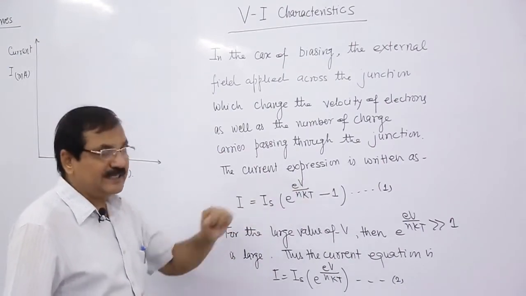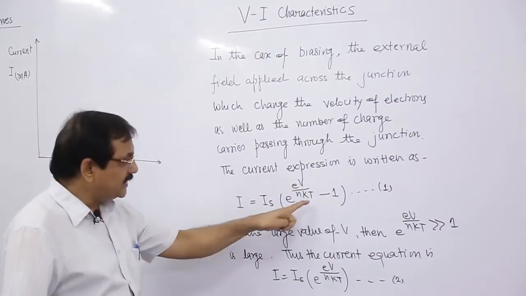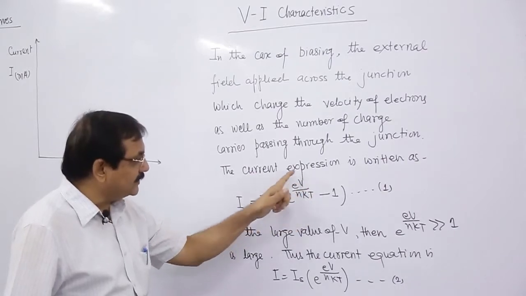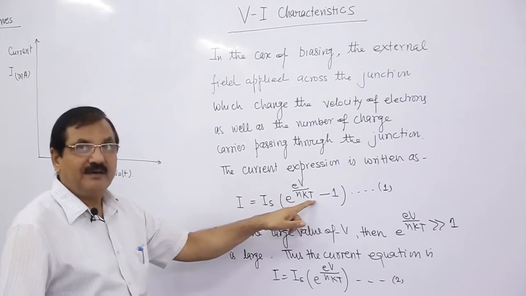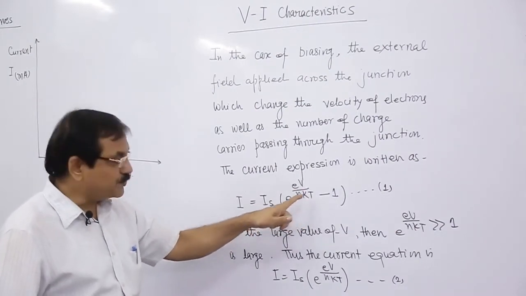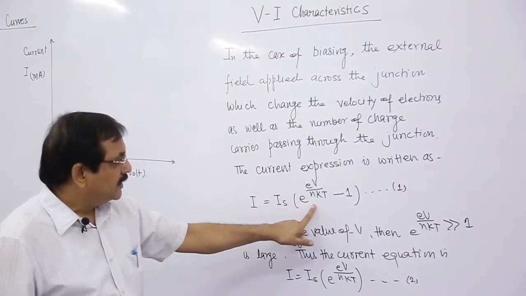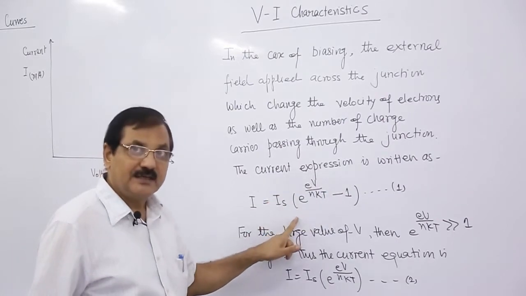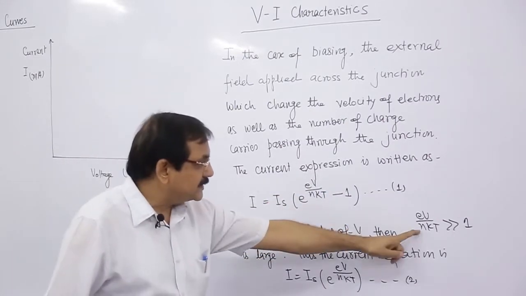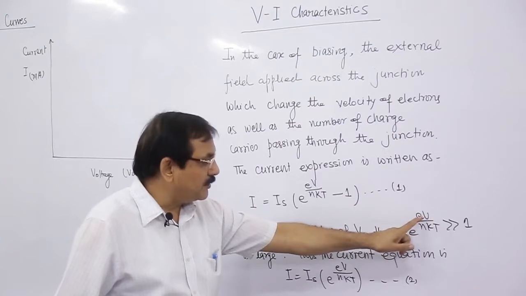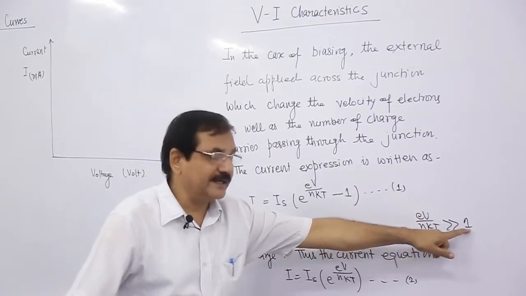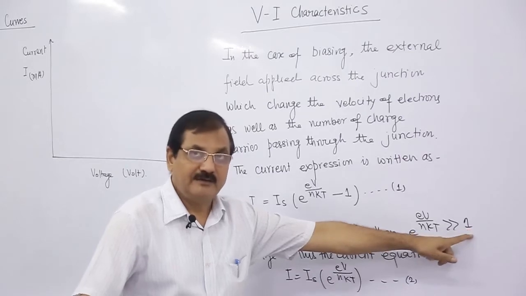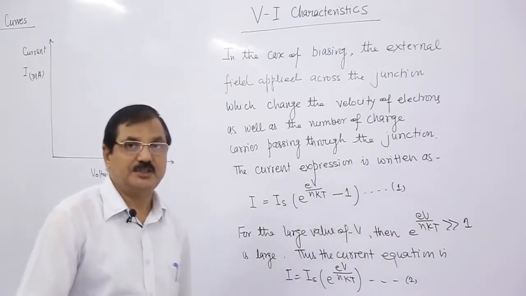If this V is positive, then this complete factor e raised to the power e V upon n k T will be positive. Exponential positive is a big quantity, and therefore e raised to the power e V upon n k T will be very large in comparison to 1.